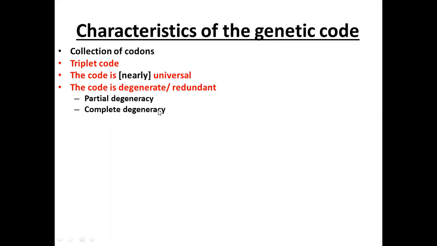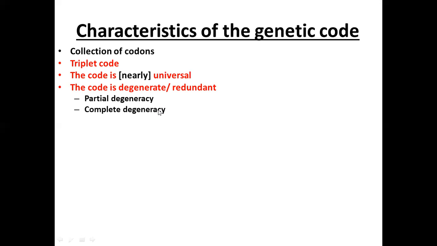When we look at partial degeneracy, we find that the first 2 nucleotides are identical. Remember the codons are triplets. In partial degeneracy, the first 2 nucleotides are identical, but the third nucleotide of the degenerate codon differs.